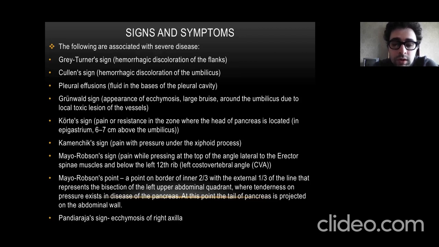Why is it important? Where does pancreatitis come, at the head or at the body? Mayo-Robson sign is pain while pressing at the top angle lateral to the erector spinae muscle. Very important sign. Remember at least that.